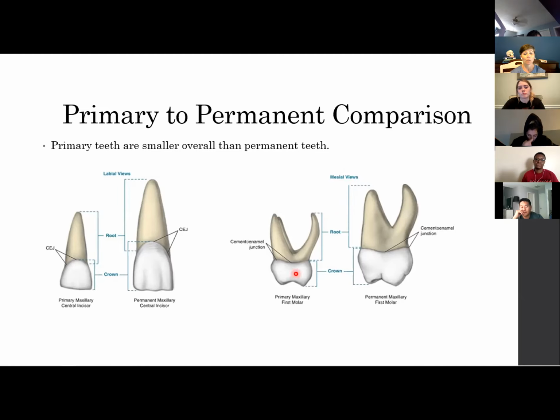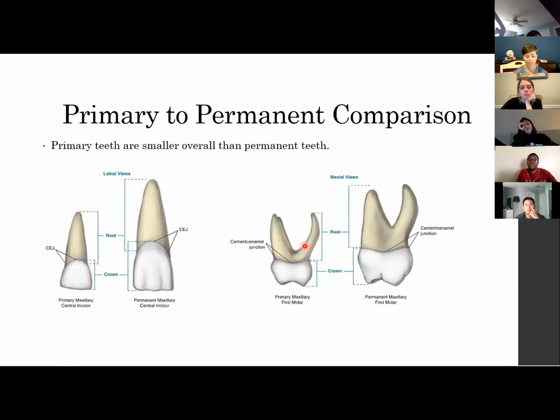You can also see here the widening of the roots, so that the permanent tooth can grow here and not hit these and cause issues. You'll see in the molars how the roots are wider rather than closer together. Question.